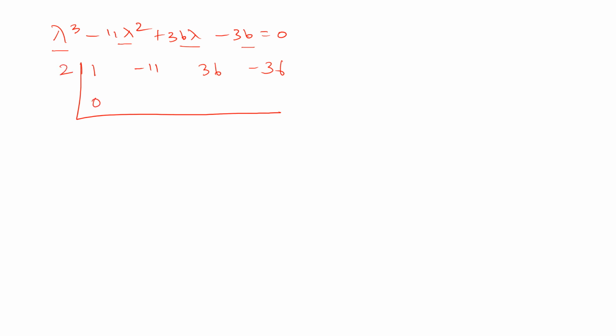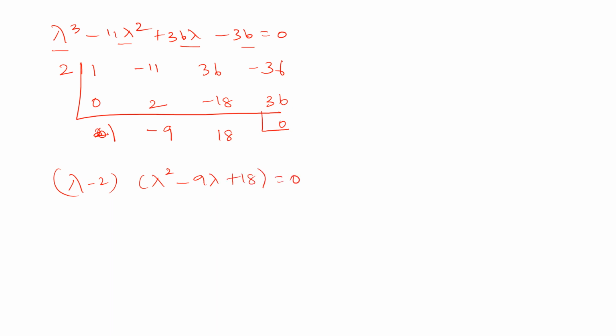So 2, 1 plus 0 is 1. 1 into 2 is 2, 2 minus 9 is minus 9, minus 9 into 2 is minus 18, so here it is 18. 18 into 2 is 36. So it is 0. So by synthetic division, lambda minus 2 into lambda square minus 9 lambda plus 18 is equal to 0, so lambda equal to 2 is one of the roots.